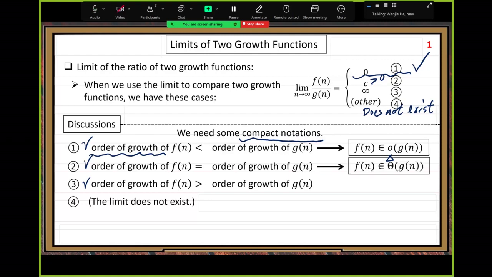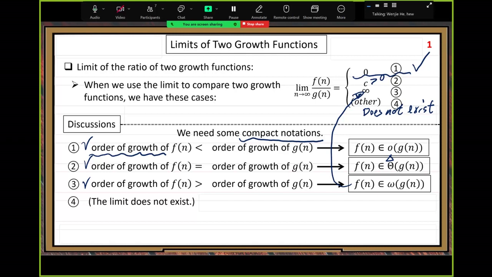Second, asymptotic notation: the ratio limit is a constant c, we say the f function belongs to capital theta of the g function. Capital theta, another asymptotic notation. The third, the f function belongs to little omega of the g function, which connects to the limit being infinity.